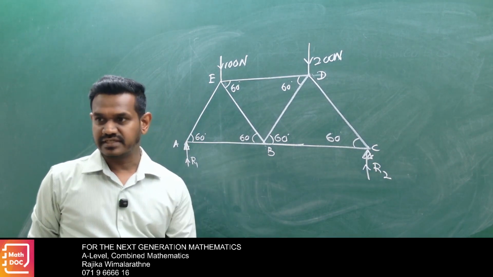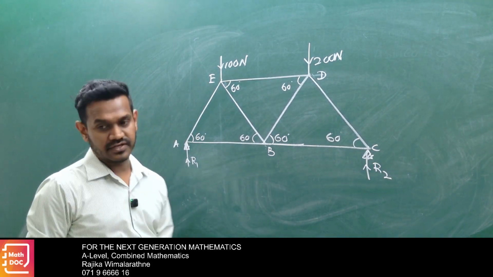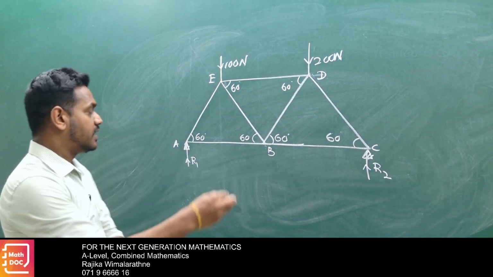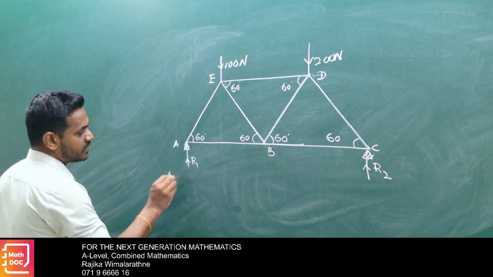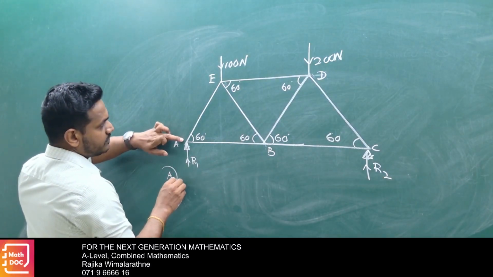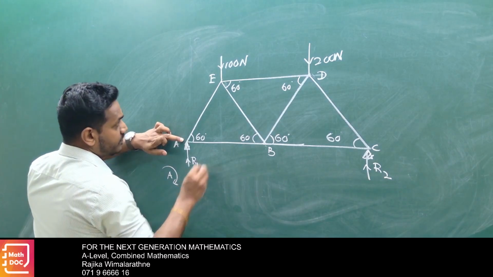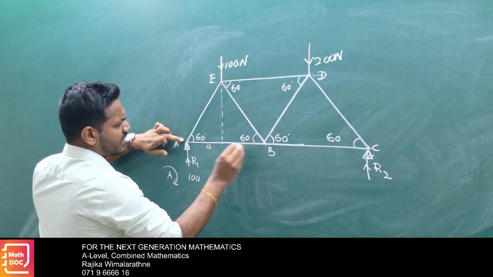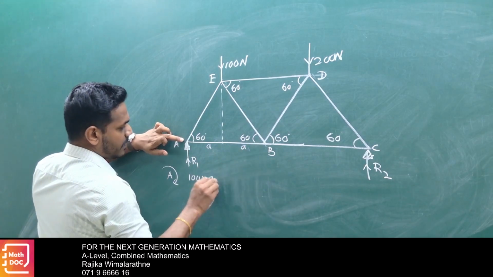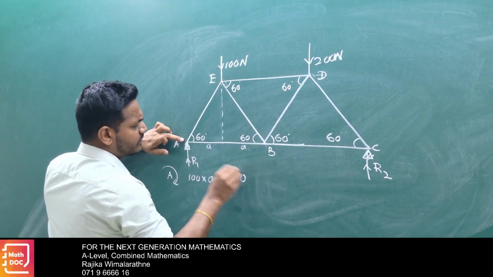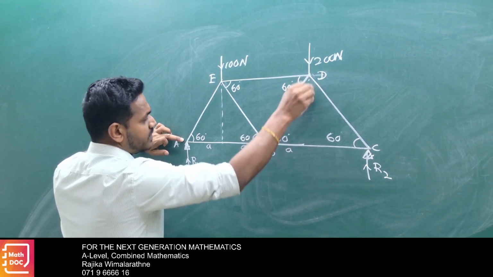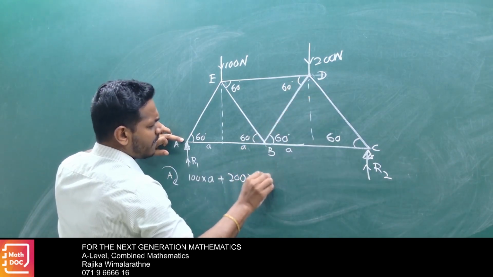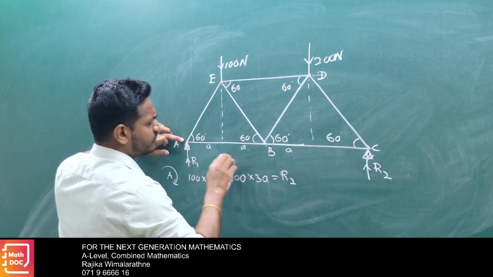Without finding these reactions, we can't go on, it is somewhat difficult to proceed, okay? Now, consider moment about A clockwise. Then 100 into A, 200 into another A, 3A, R2 into 4A.